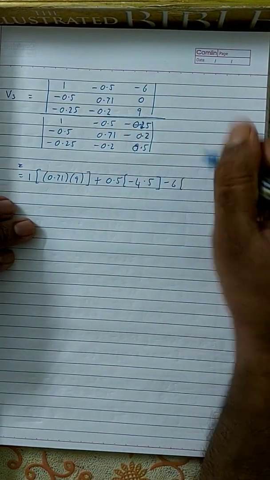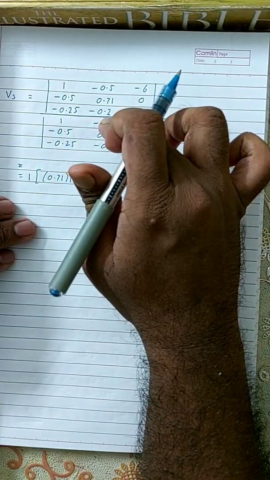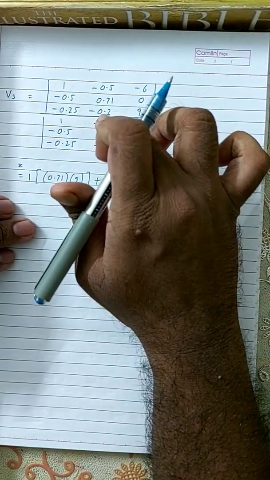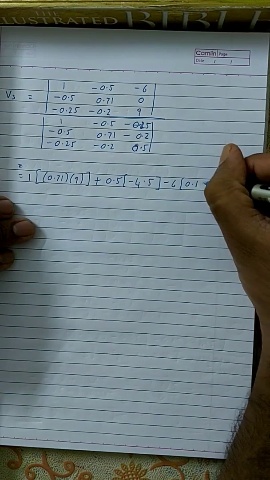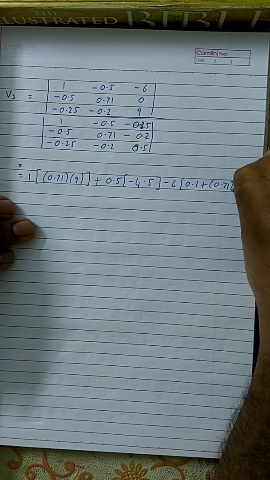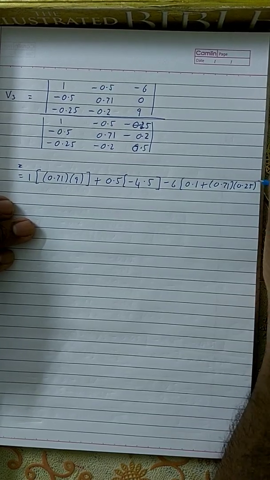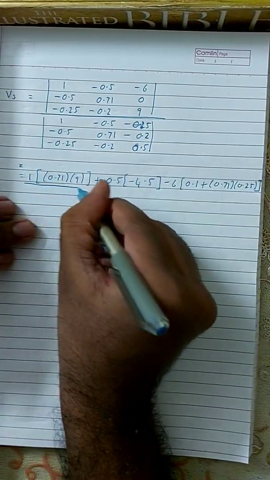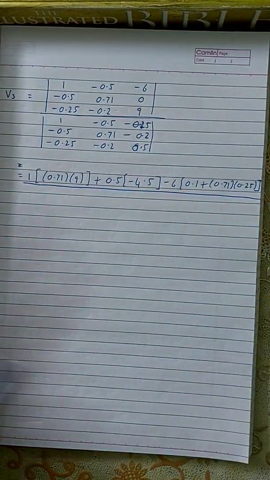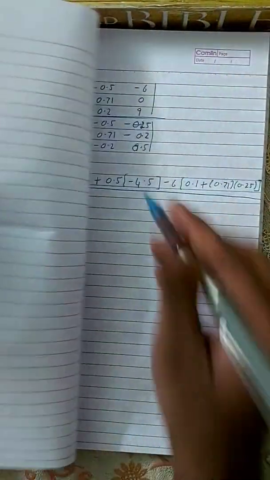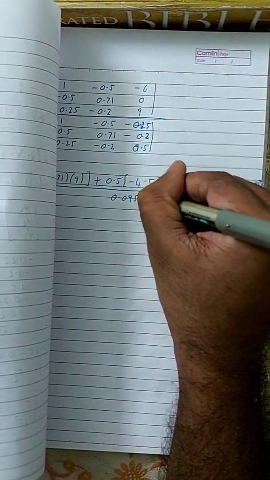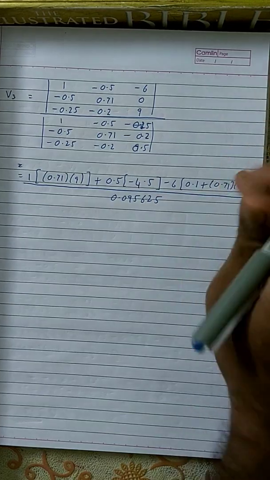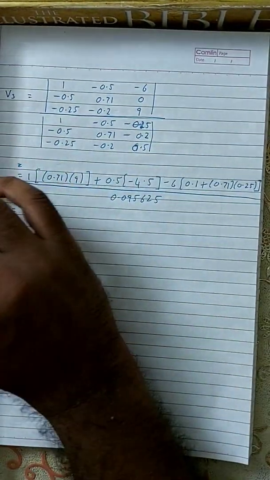Minus 6 into bracket 0.1 plus 0.71 into 0.25, close the bracket. This is the numerator, and the denominator will be the same, that is 0.095625.